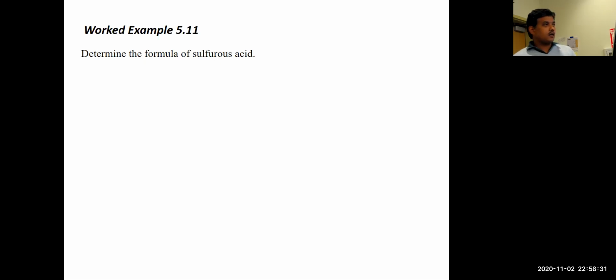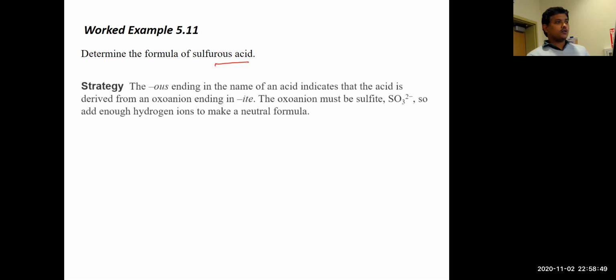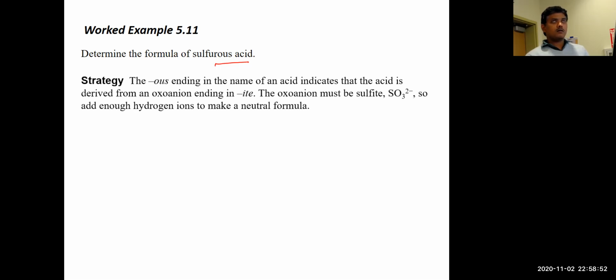Let's see, the question is asking us to determine the formula of sulfurous acid. Sulfurous is tricky because, remember, whenever the name ends with "ous," it is derived from something that contains fewer oxygens.